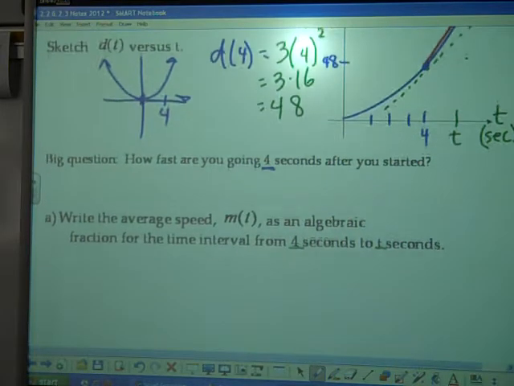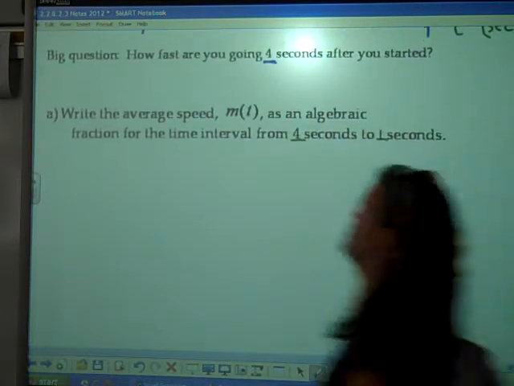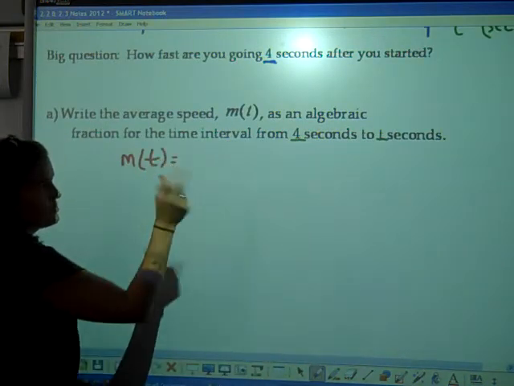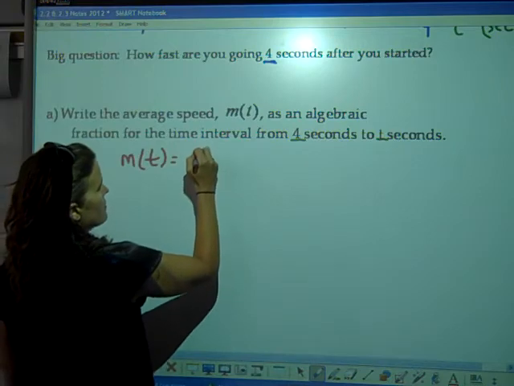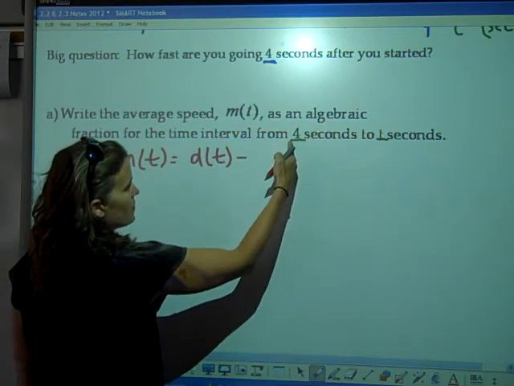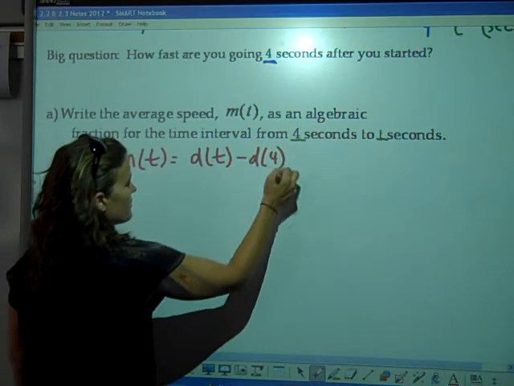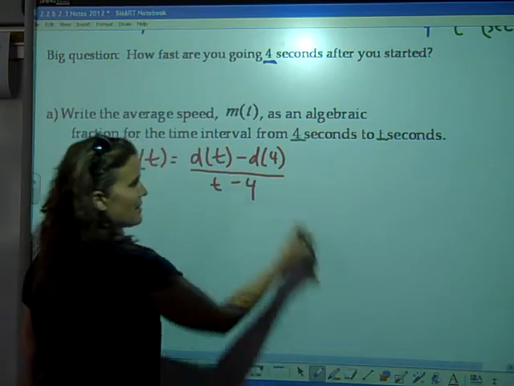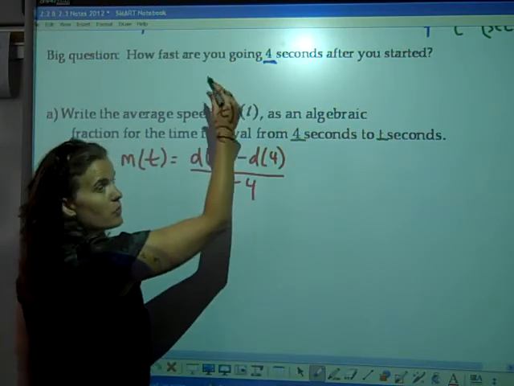So again, the average speed from 4 to t seconds, we call this m of t, and that would just be taking the slope between those 2 points. So that was d of t minus d of 4. I'll just go ahead and call it d of 4 for now, over t minus 4. Now we have actually calculated d of 4. Remember that was 48.